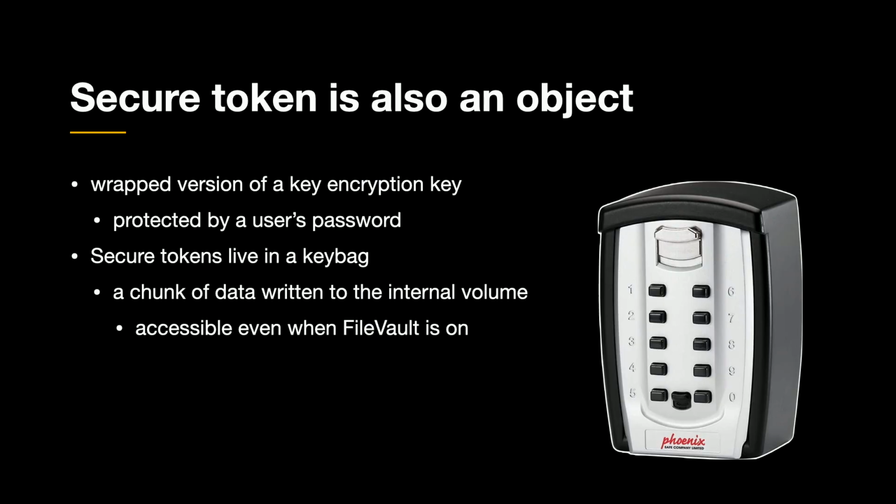So the key bag isn't inside the volume. And I discovered that the hard way when I was playing with virtualization, with snapshots. When I was using APFS snapshots and erasing the volume and restoring, I couldn't turn on FileVault.